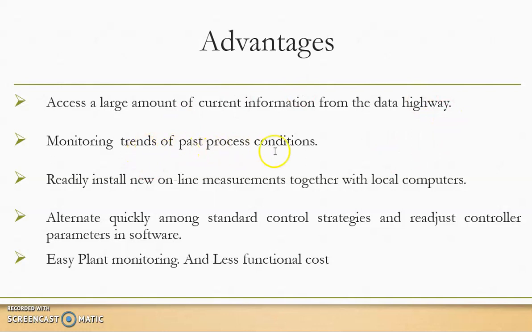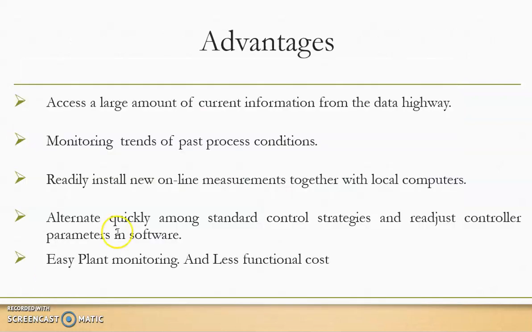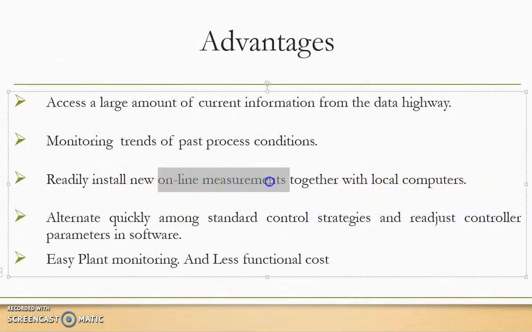It saves the trends of past process conditions, so it can also monitor the trends of past conditions. It can readily install new online measurements together with the local computer. It has the online measurement facility, which is a very advantageous point. It can alternate quickly among the standard controller strategies and readjust the controller parameters in the software. It has the facility of readjusting the controller parameters in the software.